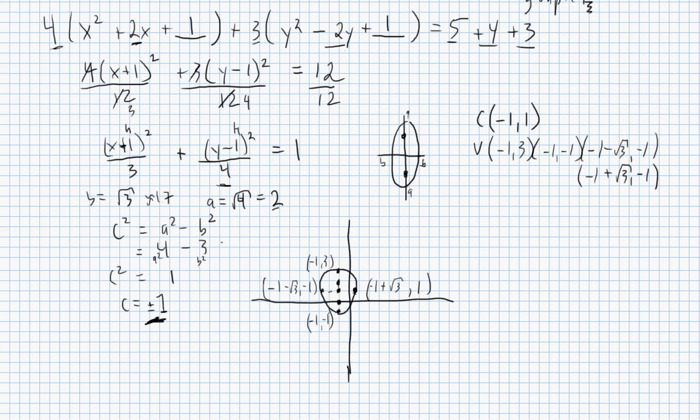How about blue? That coordinate is going to be -1, 2 for that focal point, and this coordinate here is going to be -1, 0. So over here, the focal points are going to be -1, 2 and -1, 0.